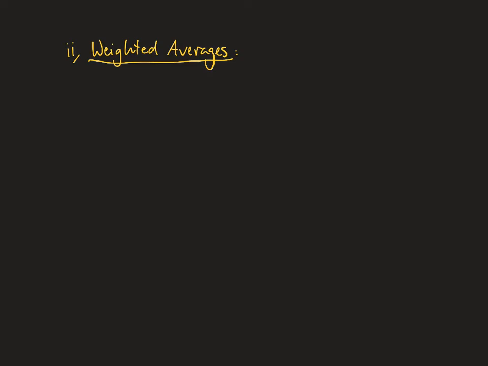Okay, so here's the expression for the weighted average. It's in the lab manual. The weighted average, call it x bar, if we have n things that we're measuring. So suppose we've got x_i plus or minus sigma x_i. The x_i's here are measurements.